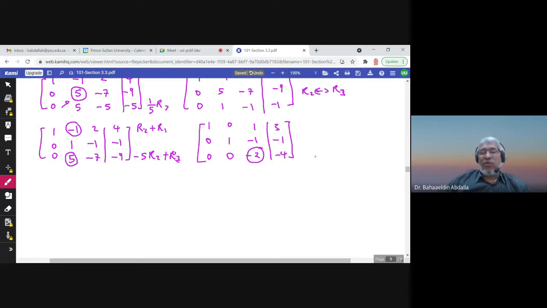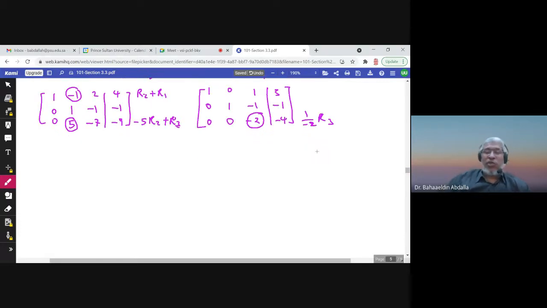I have no rows below, so I will just multiply row 3 by negative 2. So row 1, no change. Row 2, no change. And row 3, negative 2 over negative 2 is 1. Negative 4 over negative 2 is 2.